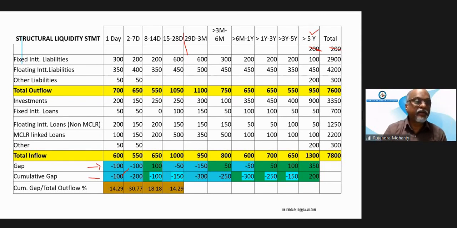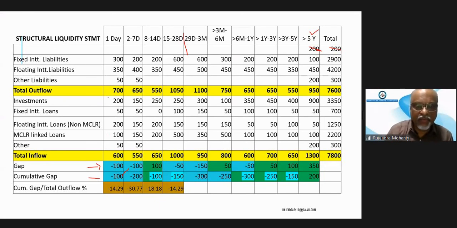Yes. So somebody was asking something about the minus sign. Yes, sir. Minus means you are exceeding. Plus means you are not exceeding. Suppose here everything is minus, because it is coming as minus only. Plus means your inflow is much more.